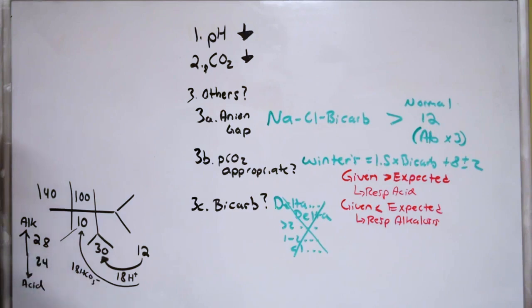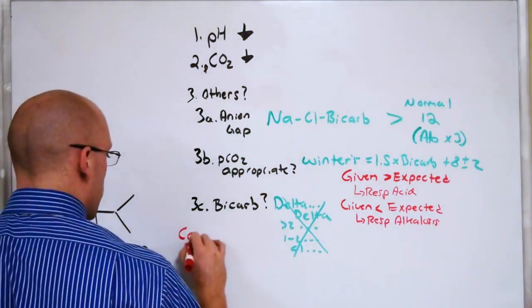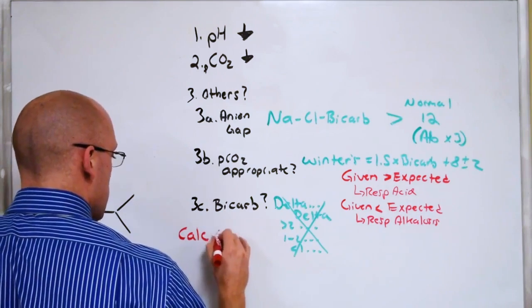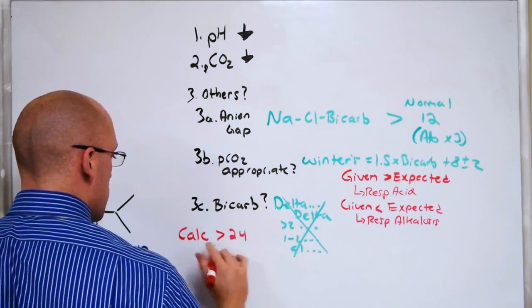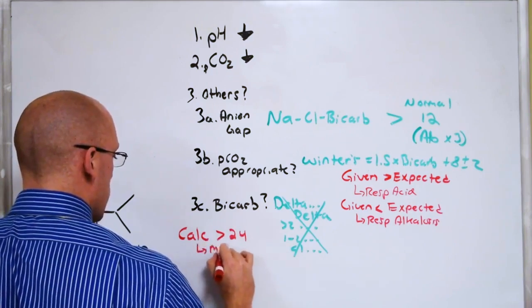Let me explain it a little bit again. The key to this is figuring out how many acids you need to get from your normal gap to your current gap. Add that number back to bicarb. That's going to be your calculated bicarb. If your calculated bicarb is greater than normal, that is 24, you have too many bicarbs. This is a metabolic alkalosis.